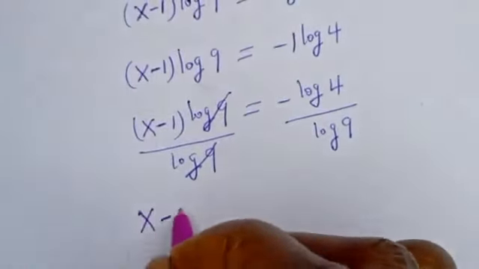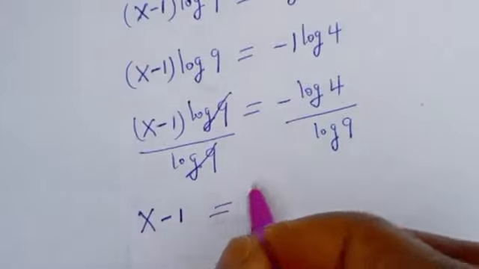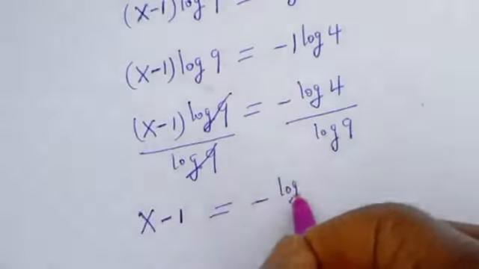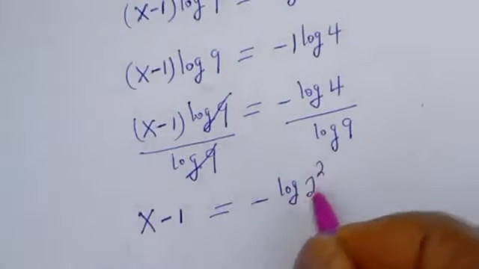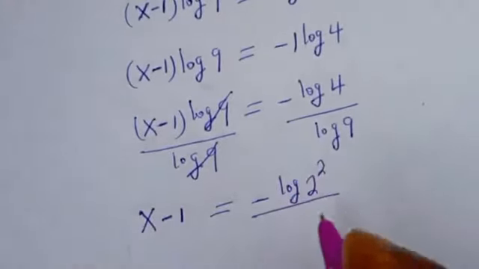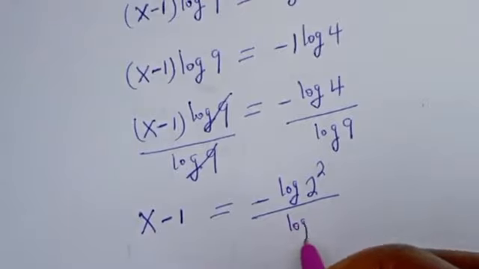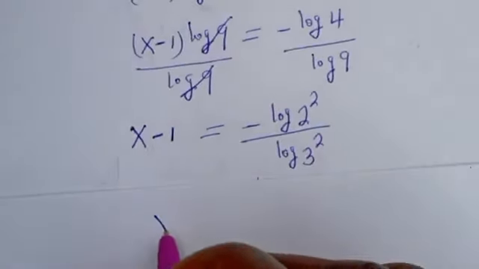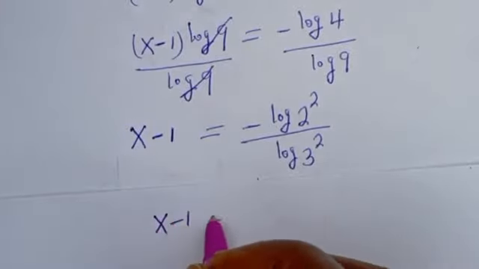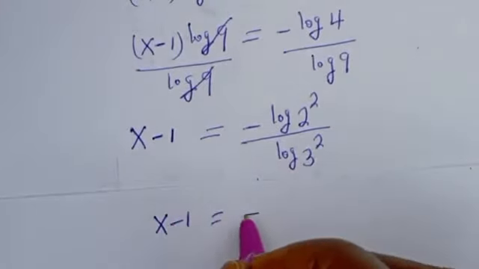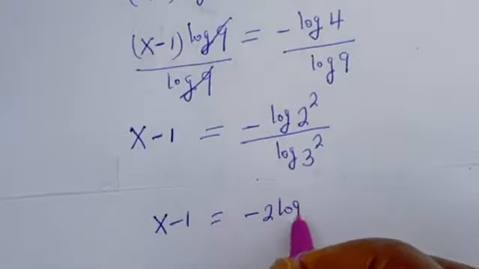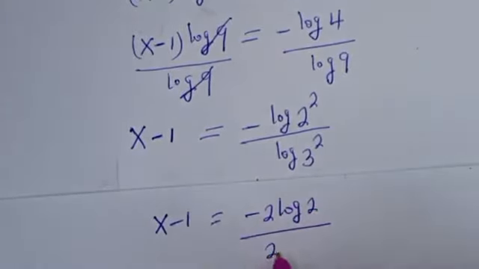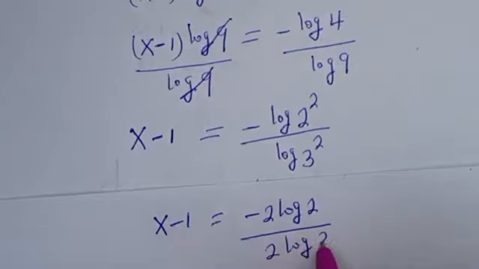x minus 1 is equal to minus log 4, which can be written as log 2 squared, divided by log 9, which can be written as log 3 squared. Then we have x minus 1 is equal to, this can be written as minus 2 log 2 divided by 2 log 3.